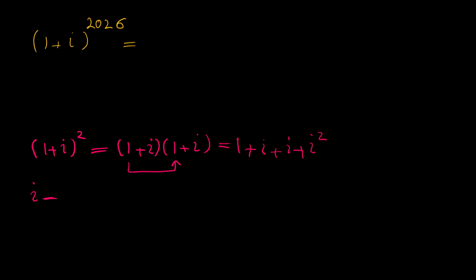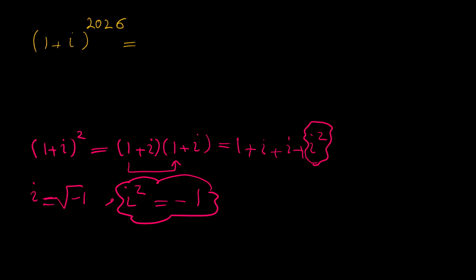We know that i in the complex numbers is the square root of negative 1, and i to the 2 equals negative 1. So negative 1 plus 1 is 0, and i plus i is 2i. So now we know that 1 plus i to the power of 2 is 2i.